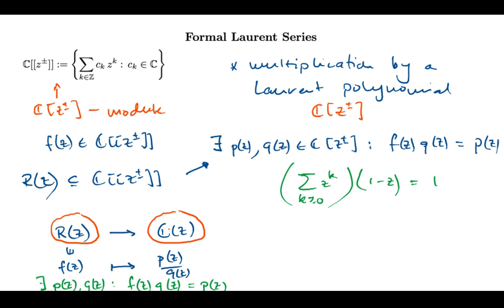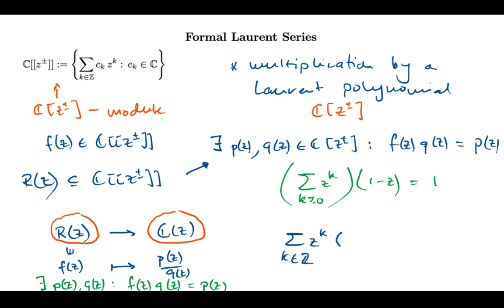And maybe the last thing we should talk about is what are general properties of this map. Let me give you a classic example, and that example is that of this variant of the geometric series where I have both positive and negative powers. So you might ask, is there a way of writing this in the form of a rational function?